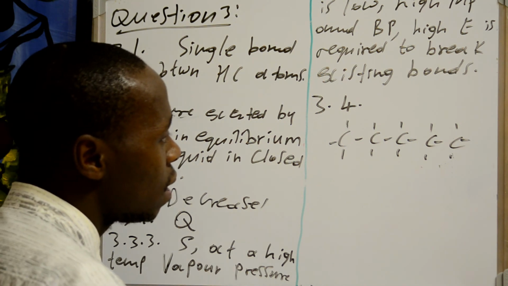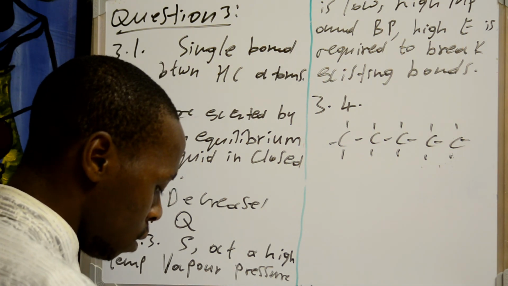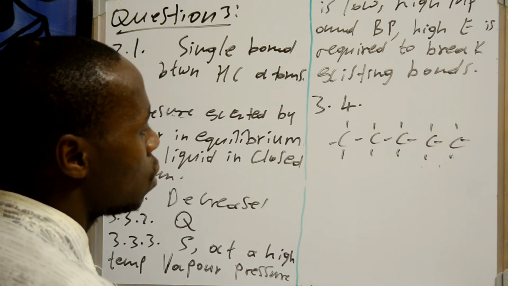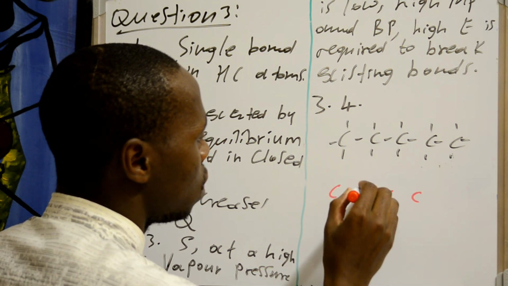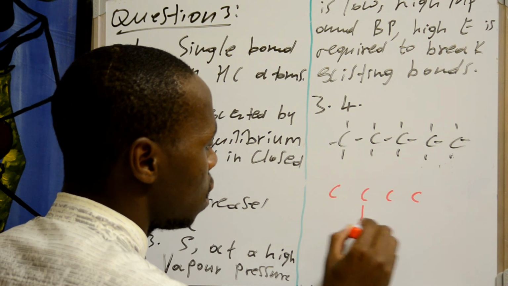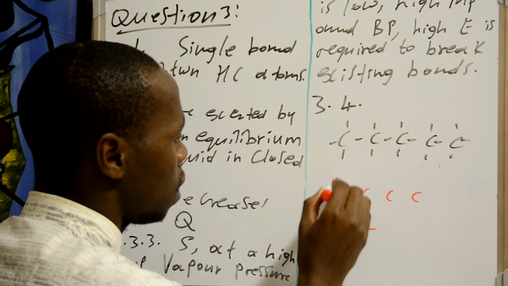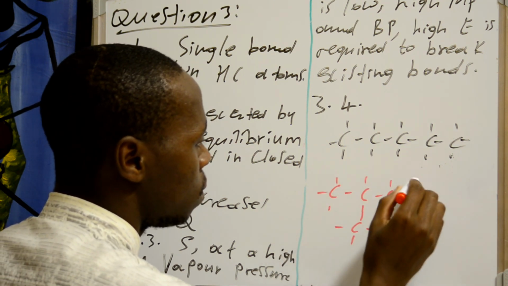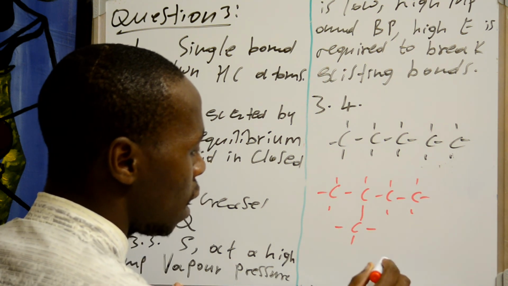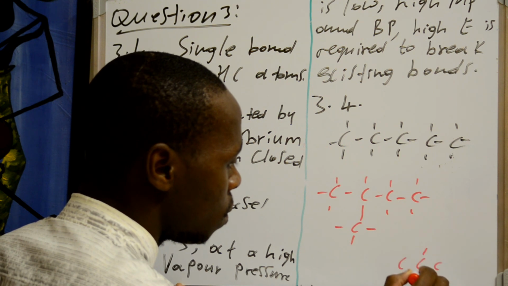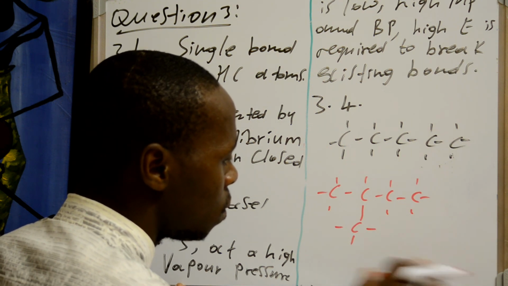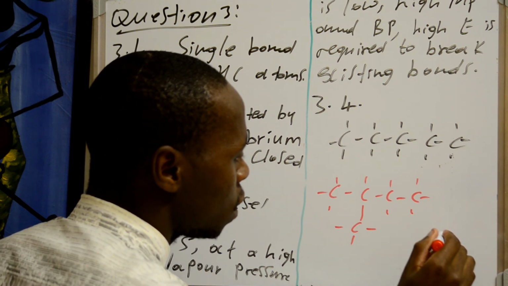So pentane can break into two forms. It can break into this form, and into this form.